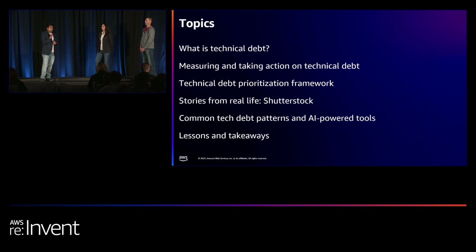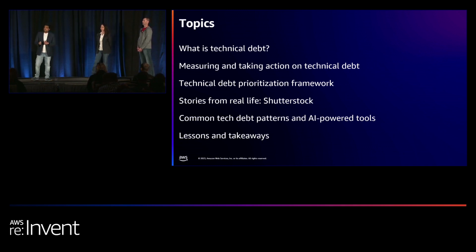You can use that plan to address technical debt and build a continuous process so it's not accumulated over time. Then my colleague Anne will come and talk about a prioritization framework, because that's really important: how do I prioritize technical debt items.